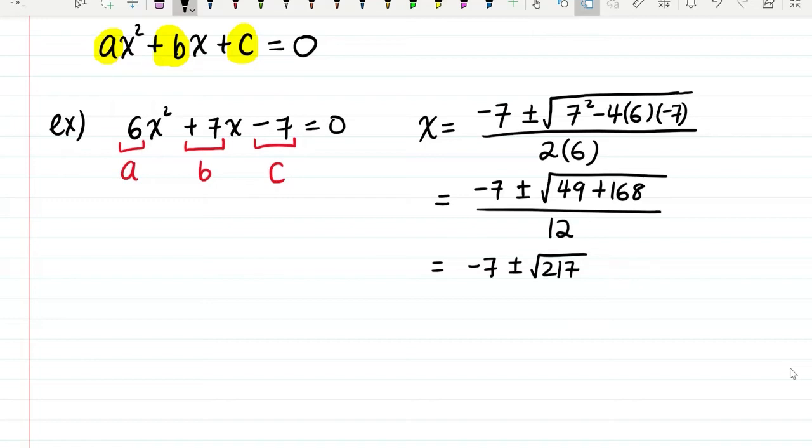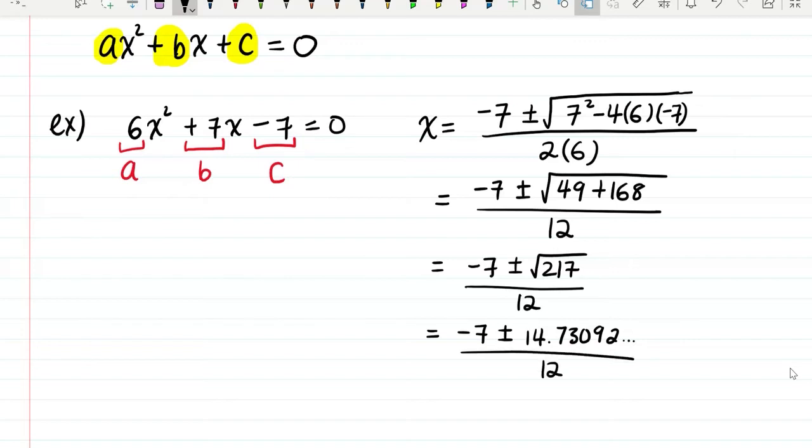If you take that square root, it will be negative 7 plus minus 14.73092, rounded to 5 decimal places, and divided by 12.